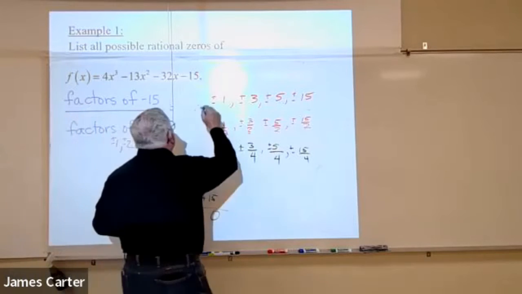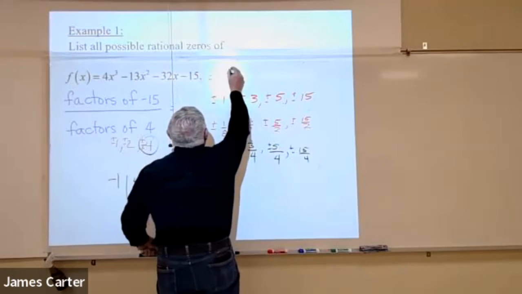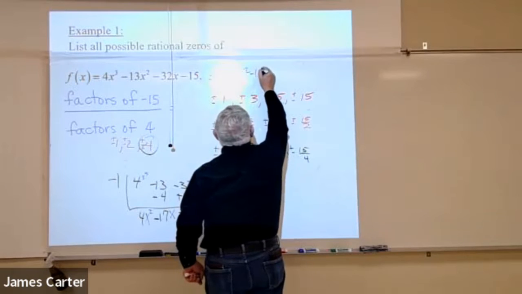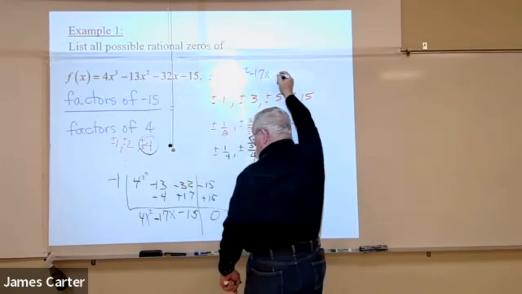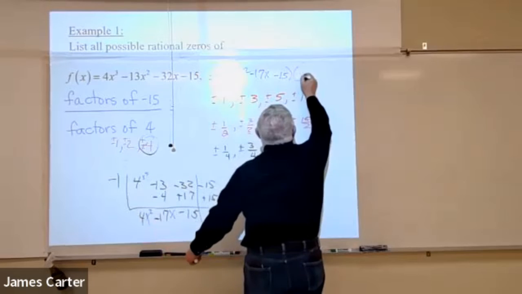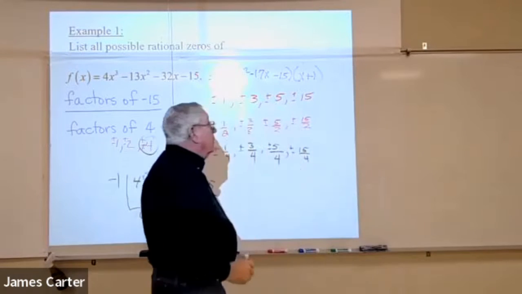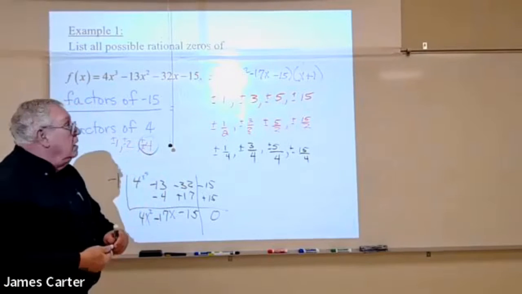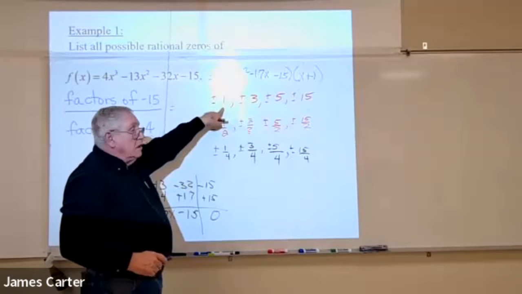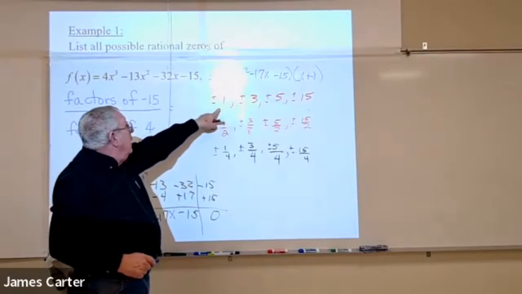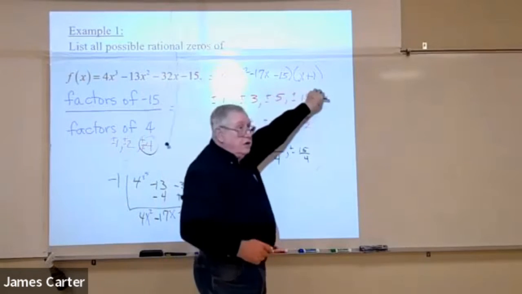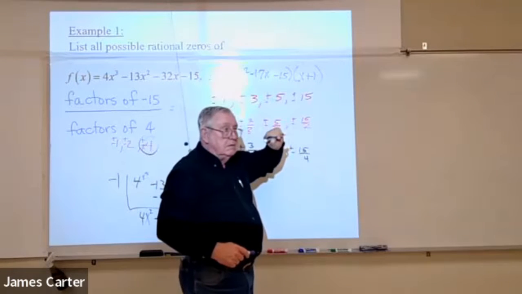So now what we've done is we've changed this problem into 4x squared minus 17x minus 15 times x plus 1. Basically, what we have done is we've taken one of these, I made a lucky guess, and this process actually factored that down 1 degree.